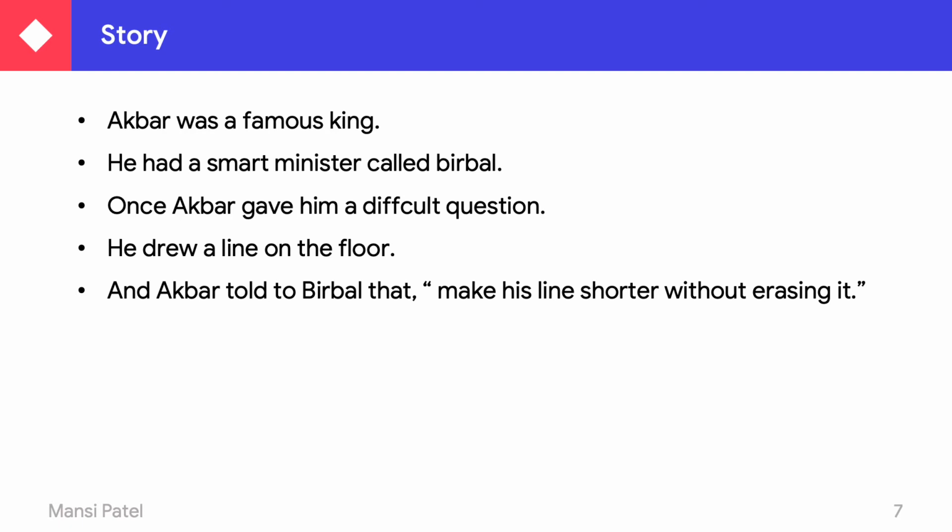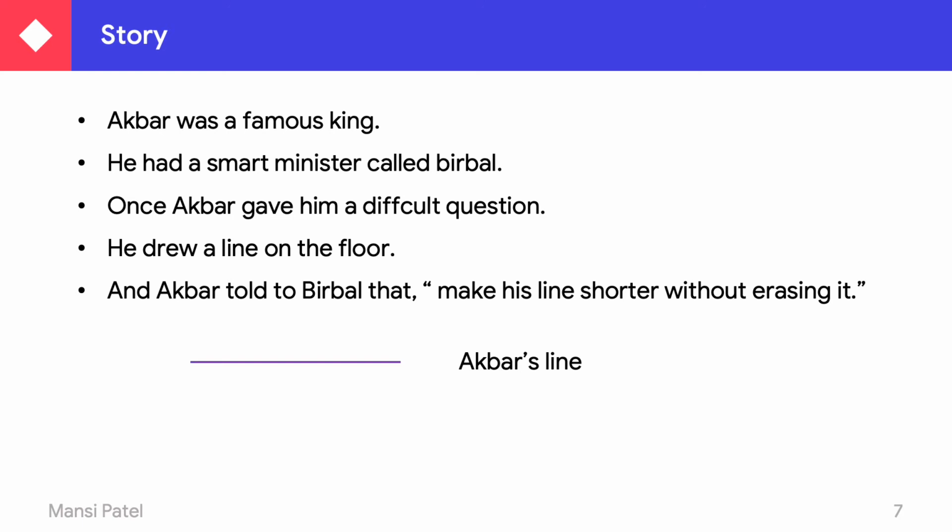Now, do you know how Birbal drew the line? Let us see. This is the line which is drawn by Akbar. So we can say this is Akbar's line. Now Birbal wants to make a shorter line, but he does not want to cut this line.